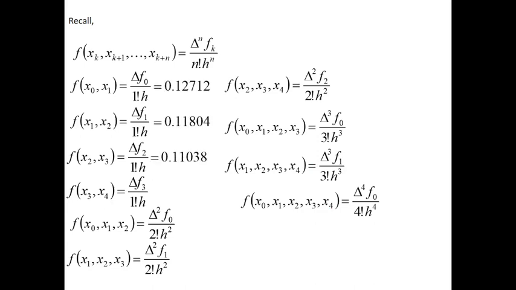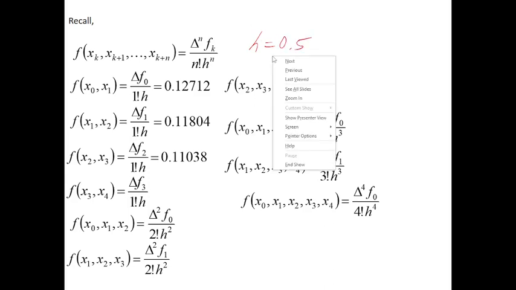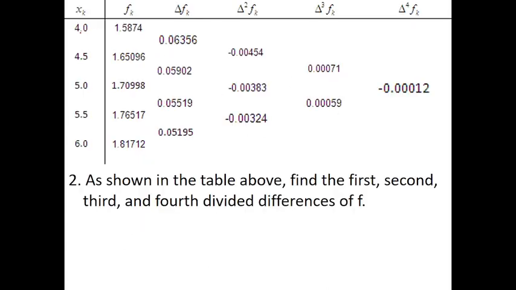So, these are the answers. Okay? What is our h? Our h is, what is our h value? 0.5, right? Is it 0.5? Correct, 0.5. Right? 0.5. 5 minus 4.5 is 0.5. 0.5.